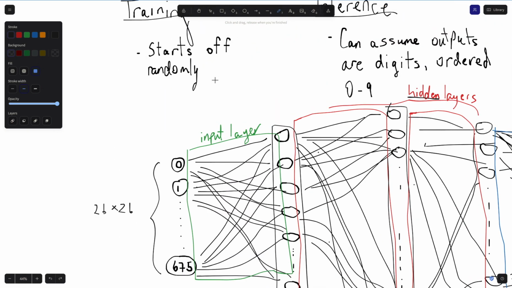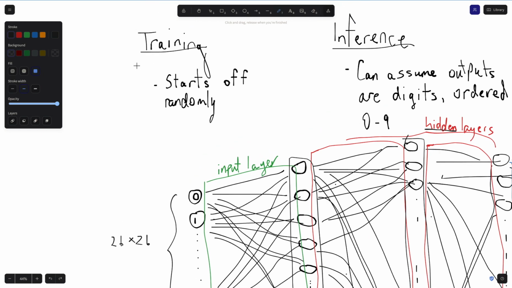So training does not give us guarantees that we're going to find the optimal function. All it's saying is that every step that you make is going to potentially be better than where you were before. And that's confusing, but don't worry. When we get to the training videos, it'll become a lot clearer.